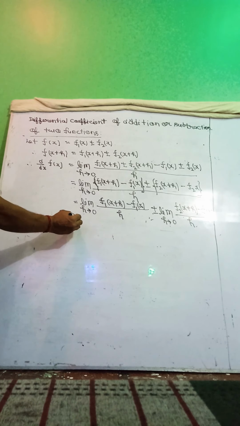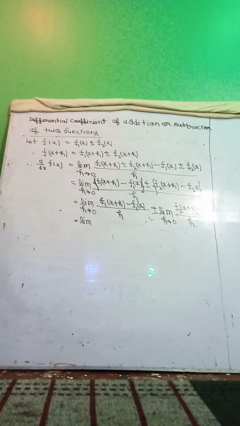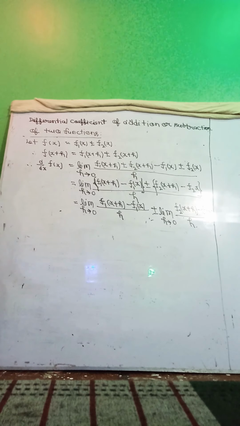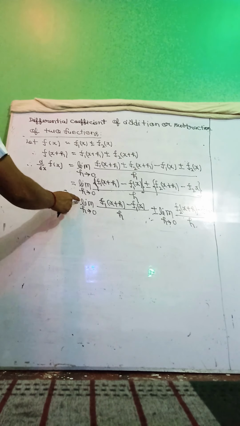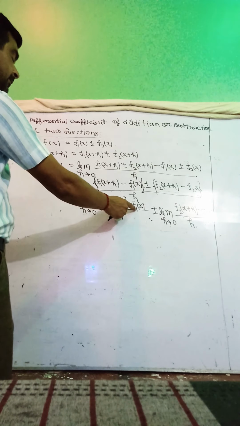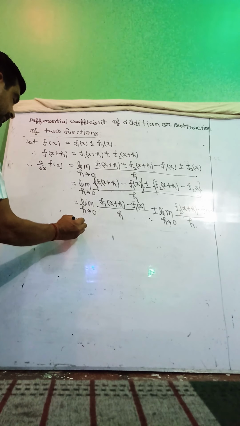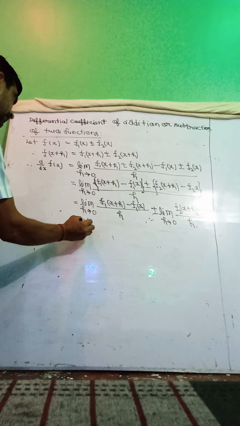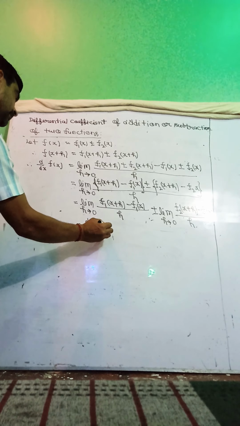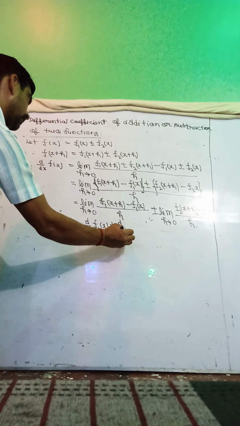is equal to limit h tends to 0, but you know limit h tends to 0, f1(x+h) minus f1(x) divided by h is d/dx f1(x), is equal to d/dx f1(x) plus minus d/dx f2(x).